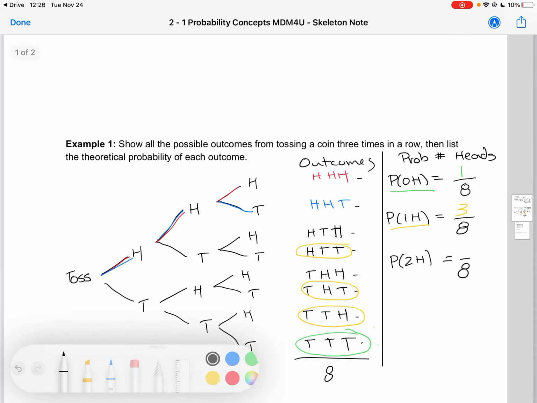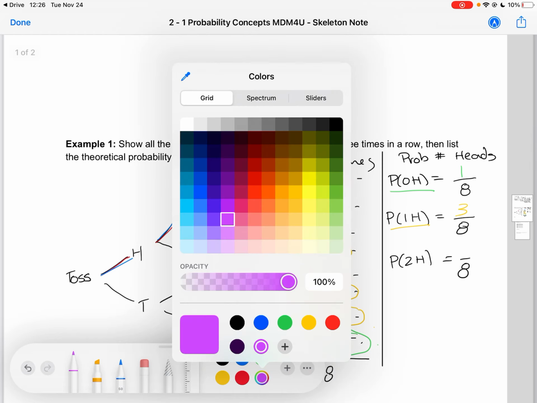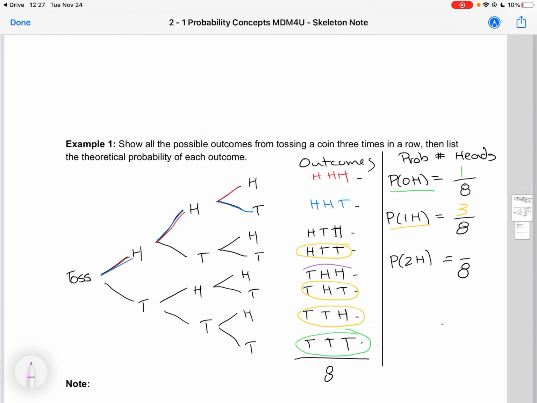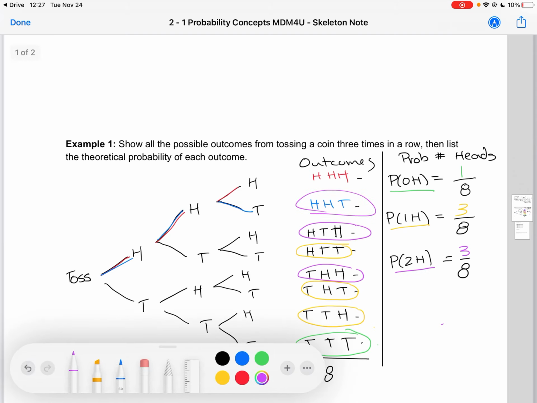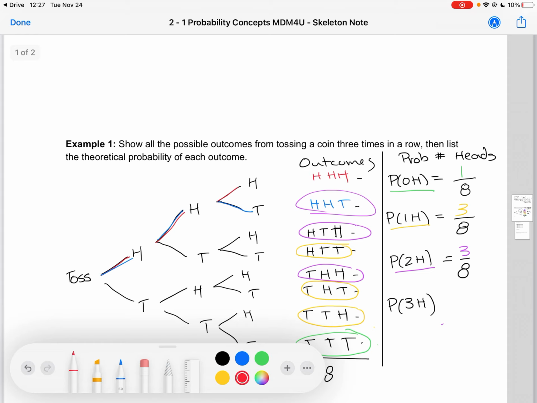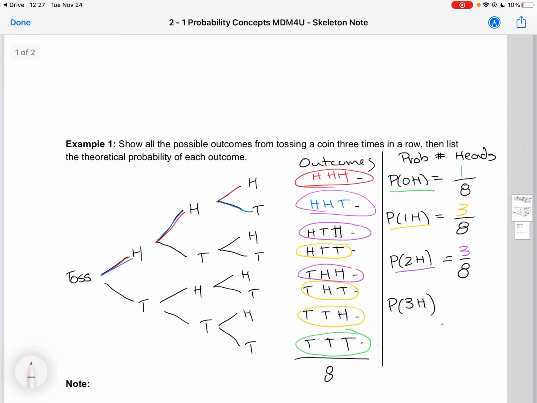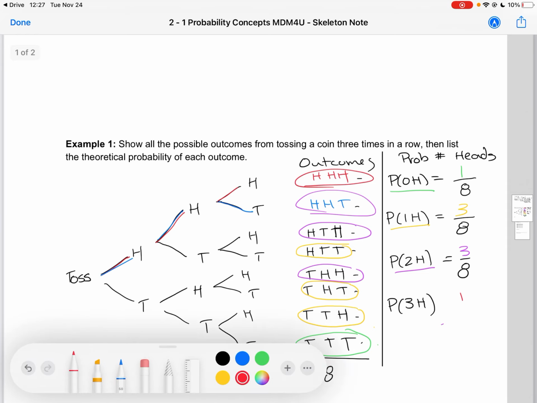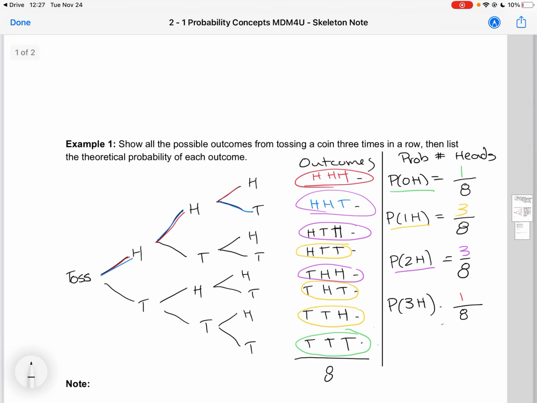So again, it will be out of 8. And I've got 1, 2, 3. And then the last one is going to be the probability where I get 3 heads. That is my only remaining possibility here. So just 1 out of a possible 8.